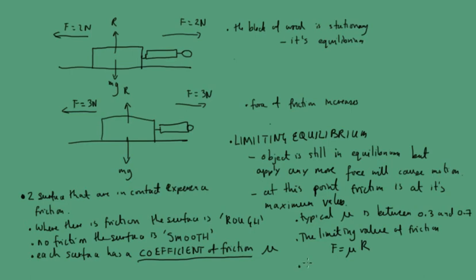Below the limiting value, F will be less than or just coming up to equal to that limiting value. What does friction depend on?